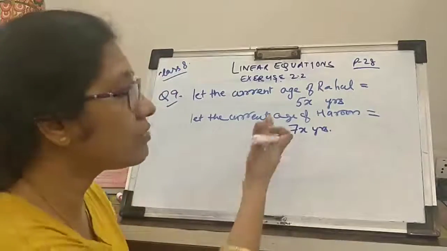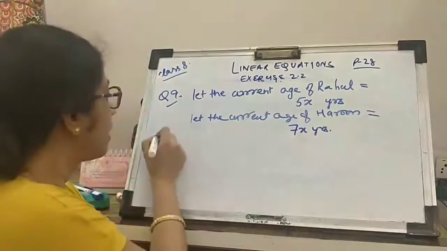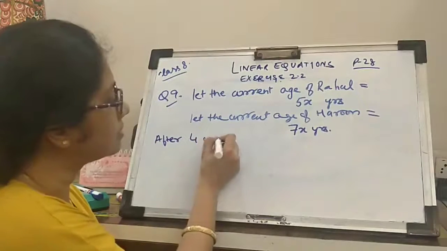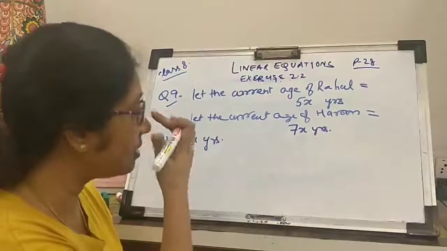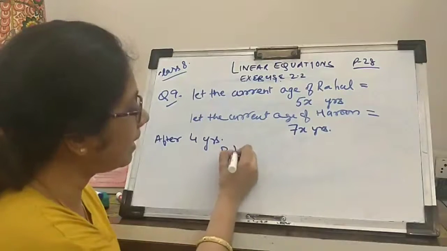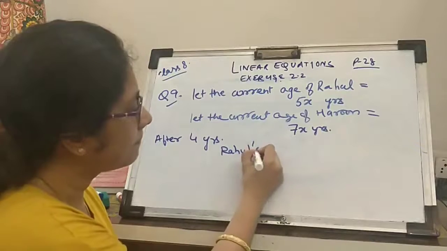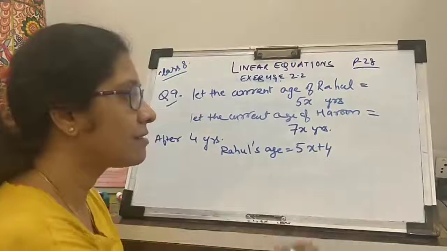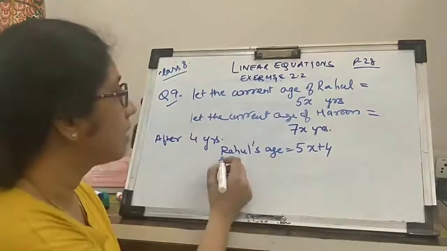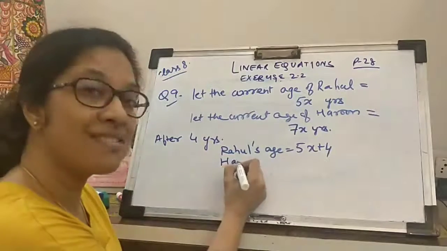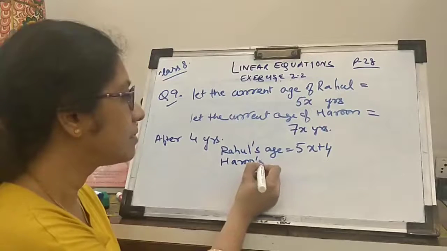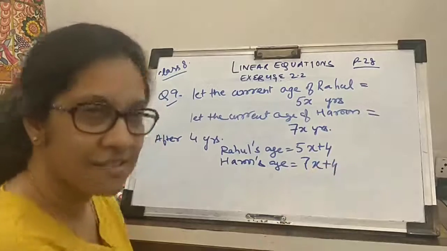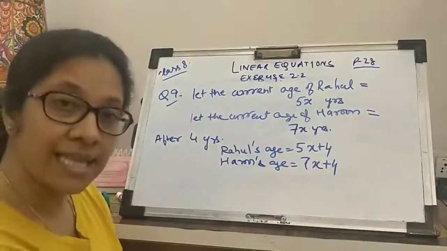After 4 years, Rahul's age is 5x plus 4, right? And Haroon's age is 7x plus 4, correct?